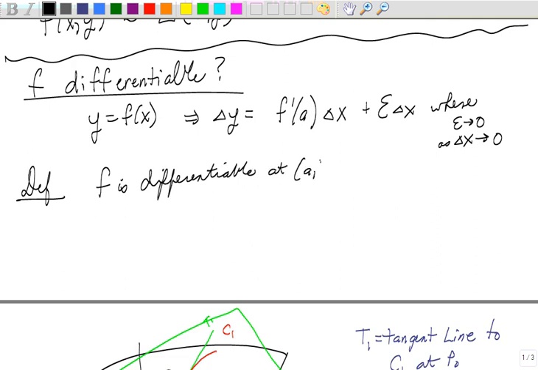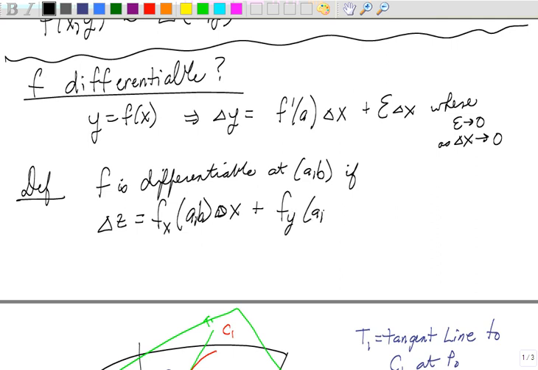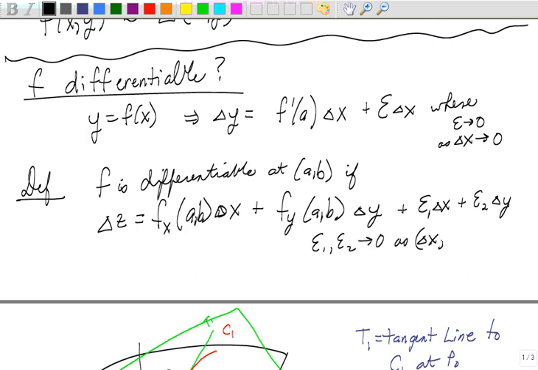At a point (a, b), if delta z, which we define to be the first partial with respect to x at (a, b) times delta x, plus the partial with respect to y at (a, b) times delta y, plus a small piece epsilon 1 times delta x, and plus another small piece epsilon 2 times delta y, and epsilon 1 and epsilon 2 go to 0 as delta x, delta y go to 0.